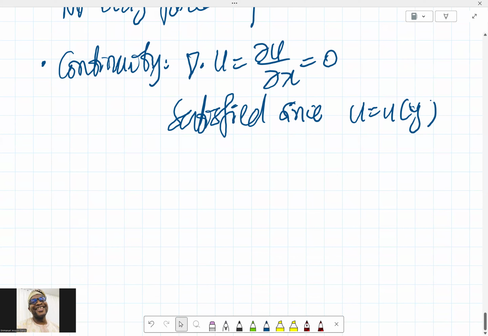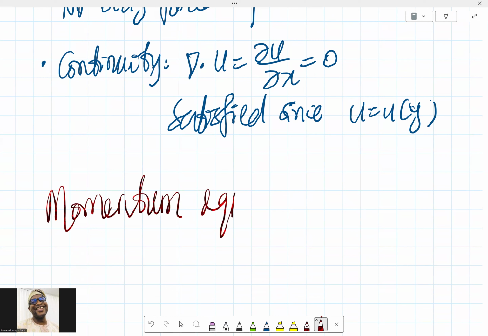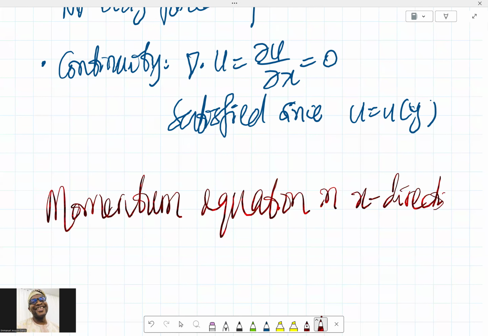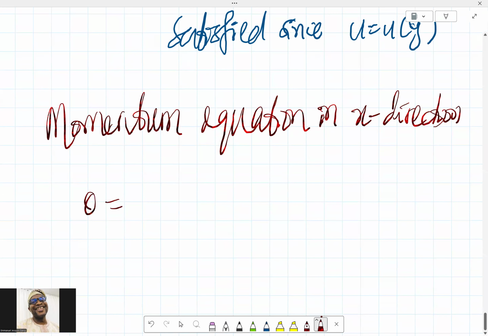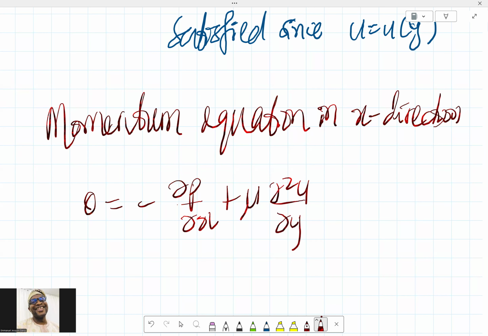So we can then go ahead and see the momentum equation in the x direction, of course, only the x component matters. The left hand side is 0, so we have 0 equals minus dp dx plus mu d squared u dy squared.